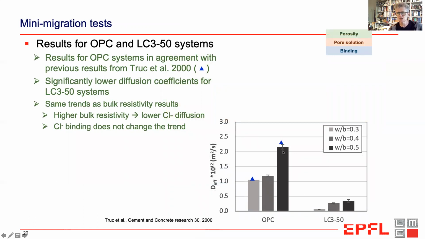Again, of course, water-cement ratio is important. As you increase the water-cement ratio, your diffusion coefficient goes up. But again, the differences between the two binders are much, much greater than what we can get with water-cement ratio.